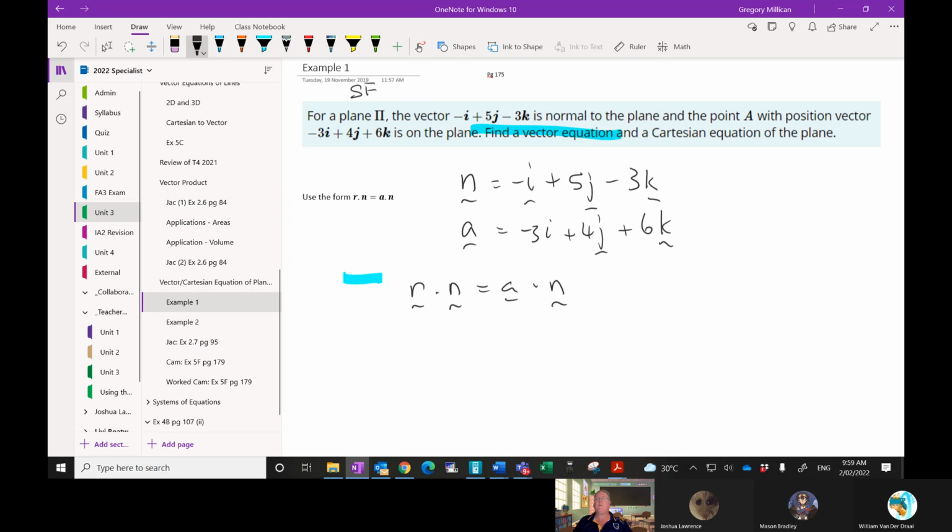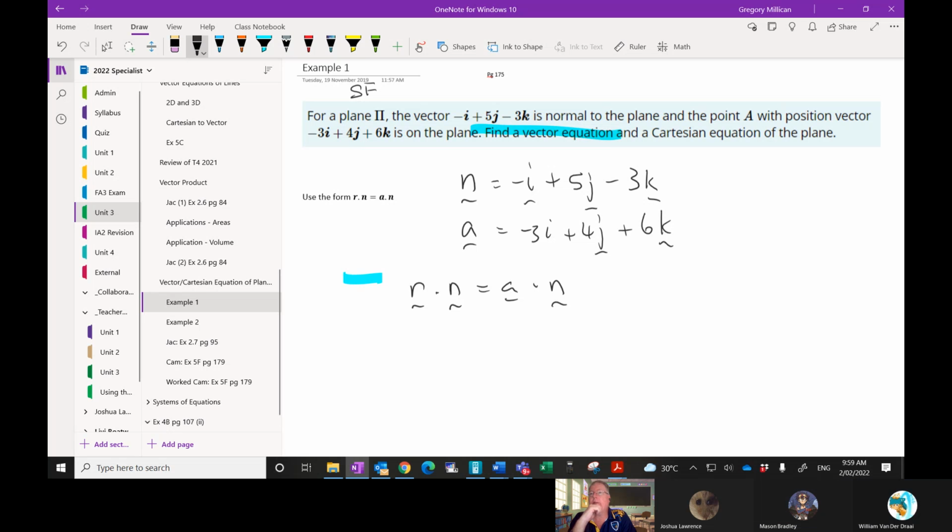Can someone remind me, what is r? Because it's the only thing I haven't written on the screen. I've got n and a, what's r? Isn't r just another point on the plane? Yeah, a bit more information. What point on the plane? A point that is perpendicular to the normal?